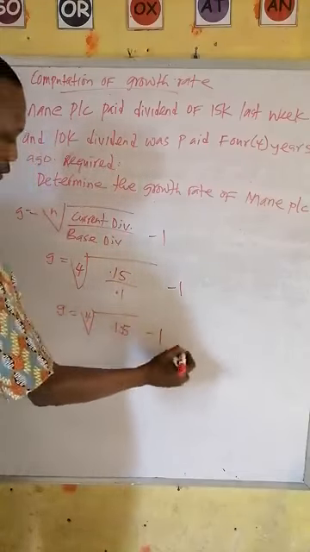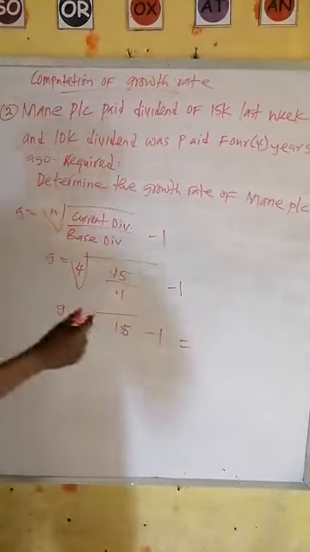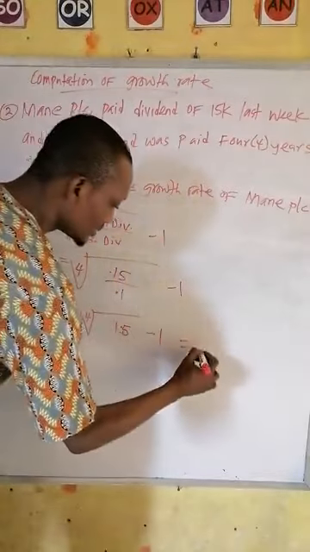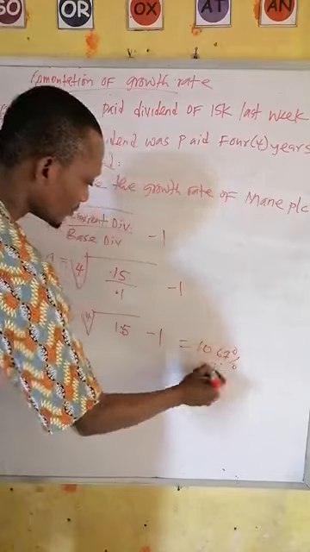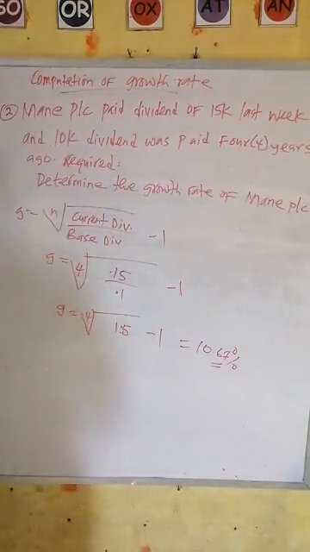So the answer we're having is 10.67%. So that is it on how to compute growth rate.